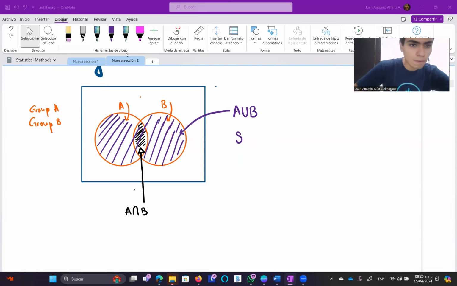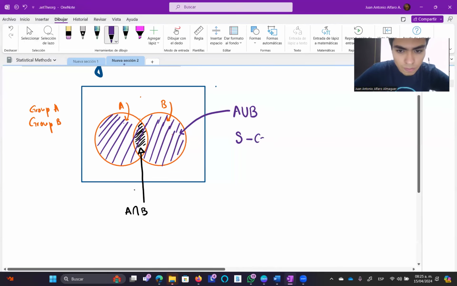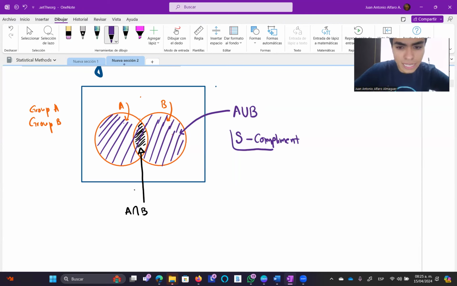We can call the complement the data or the events that are located outside of a given group or subgroup, or of the union or the intersection of some groups.